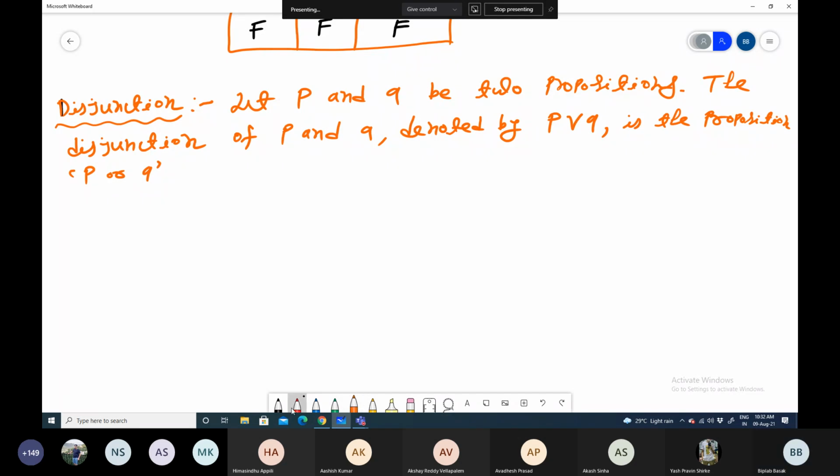And similarly, you can find a truth table.